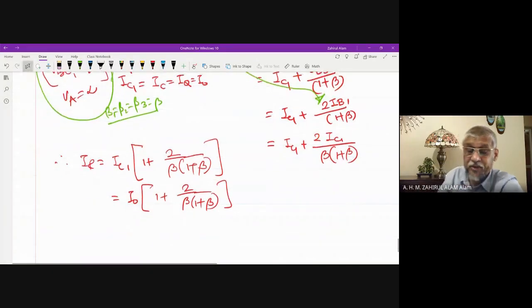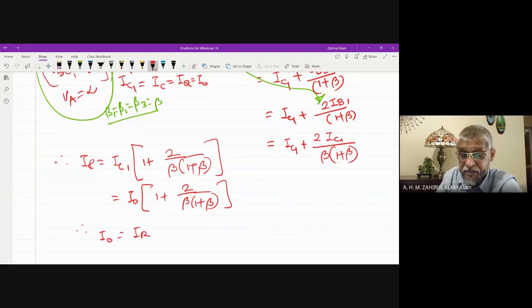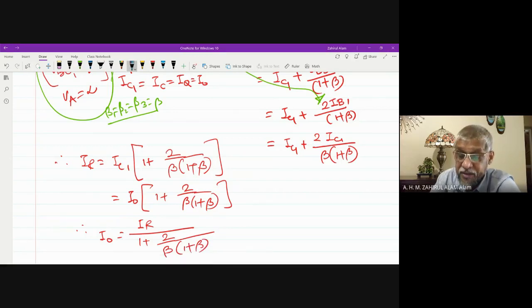So now we know the relation between the output current and the reference current. If we look at this equation, when we modify, we have introduced this factor.